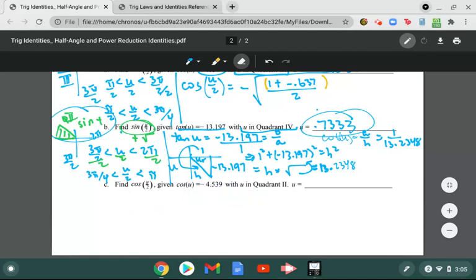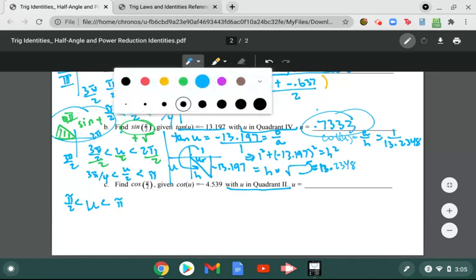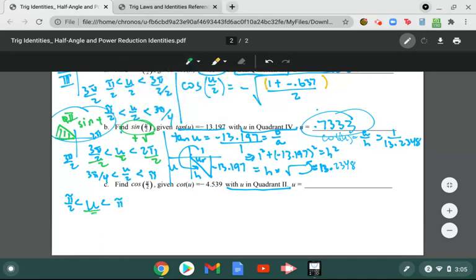So part C, I'm going to start the same way that I started these other ones. I want to decide if I want the positive or negative square root. U lives in quadrant 2, so that's going to be between pi halves and pi. I want to divide everybody by 2 because I want to know where u halves, the half angle, lives.